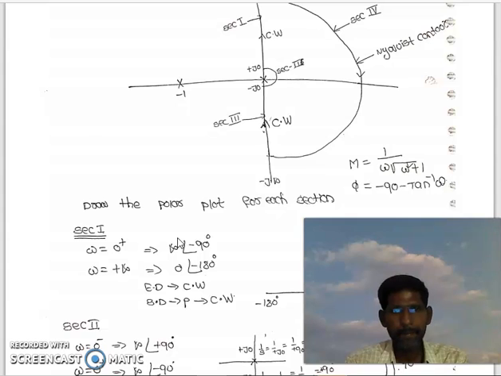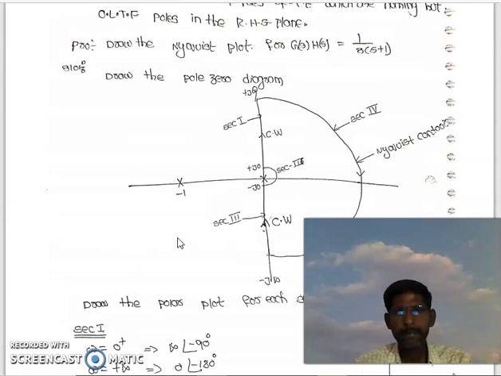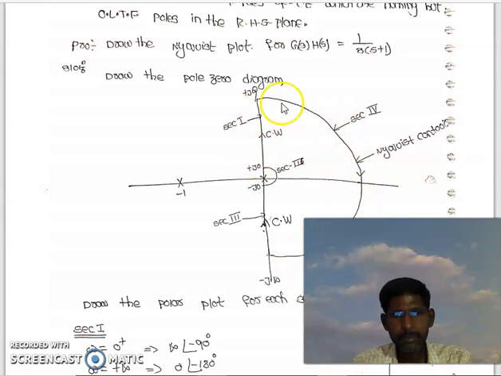So draw the polar plot for each section. Here, this is a polar plot. Initially we take this as 1 minus j0 plus j0, the j infinity, j omega, minus j omega.